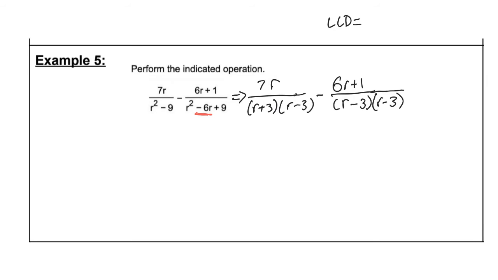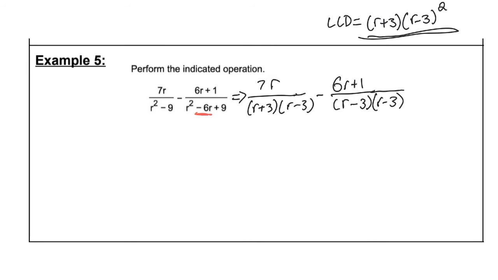Our LCD, the first one has an r plus 3. The second one's missing it, but we need to keep this r plus 3. Now, we both have r minus 3, but you'll notice there are 2 r minus 3s in the second denominator. So we can write this as r minus 3 squared because we have 2 of them, and that's our least common denominator.